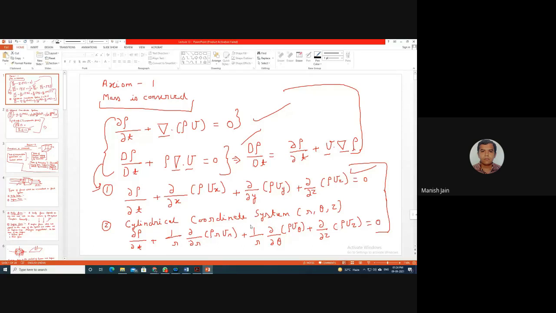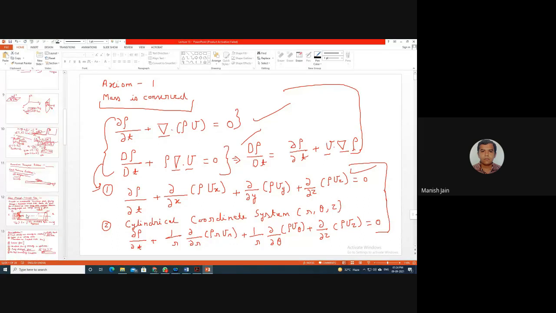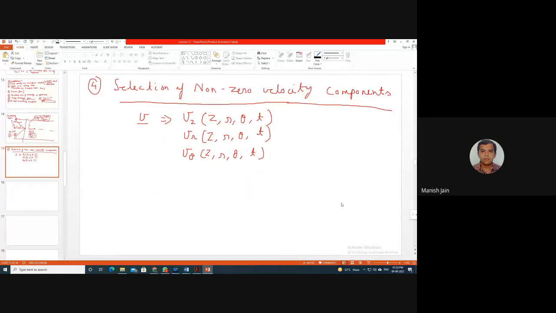First we will write this equation in the cylindrical coordinate system. This will be given to you in the exam, and you need not remember it. The zero terms will be discarded.